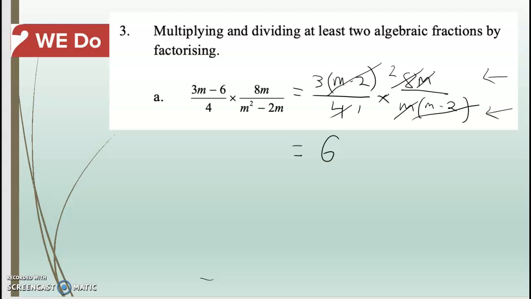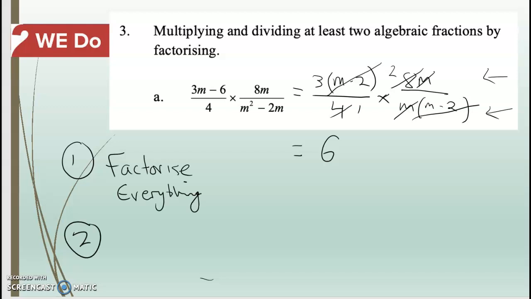So the main steps are, number 1, factorize everything. And then step 2, cancel common factors.